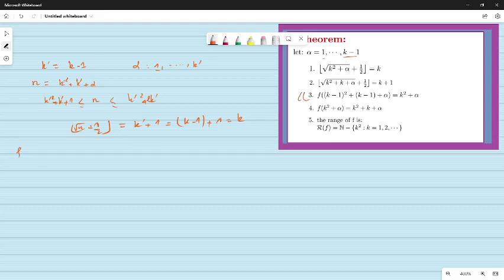And then f of n is equal to n plus the square root of n plus 1/2.